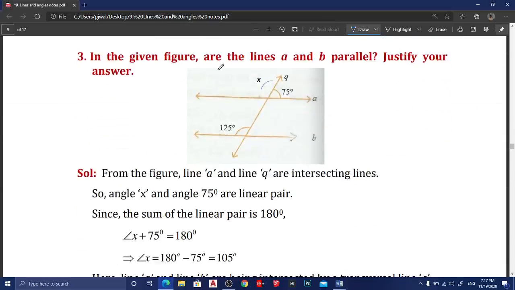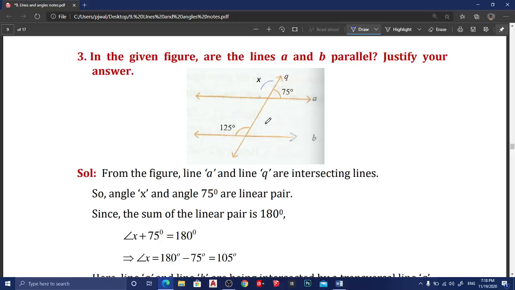In the given figure, are the lines A and B parallel? Justify your answer. Two lines are given and one transversal line is also given. You have to find out whether the given two lines are parallel or not. In the previous session I explained how to find out if two lines are parallel to each other by using the properties of angles formed by the transversal.